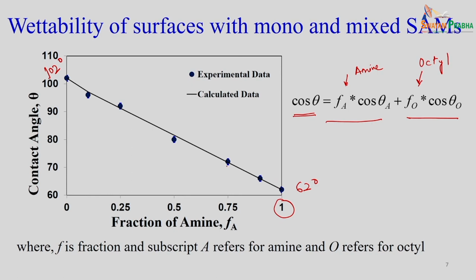These dots are the experimental values and the line is the data calculated using the Cassie equation. We see that the experimental data very well follow the Cassie equation.